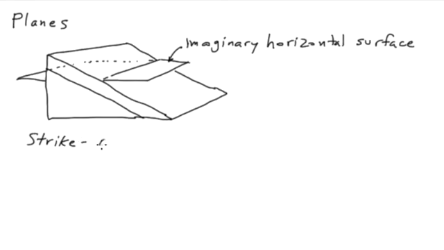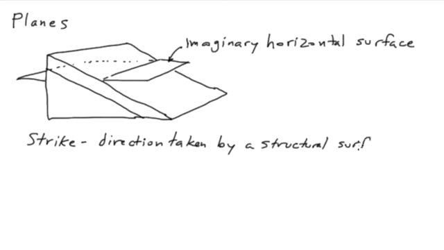So the strike is the direction taken by a horizontal, actually by a structural surface, for example, a fault plane or bedding.